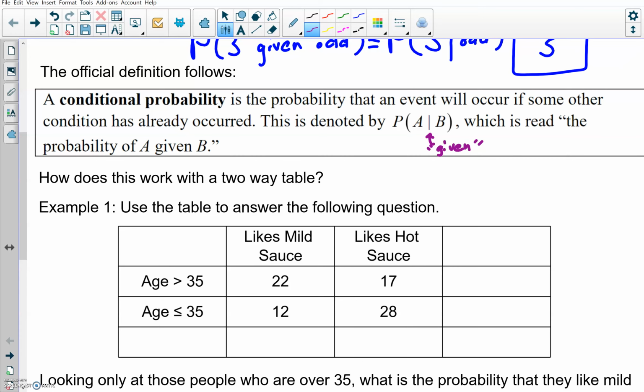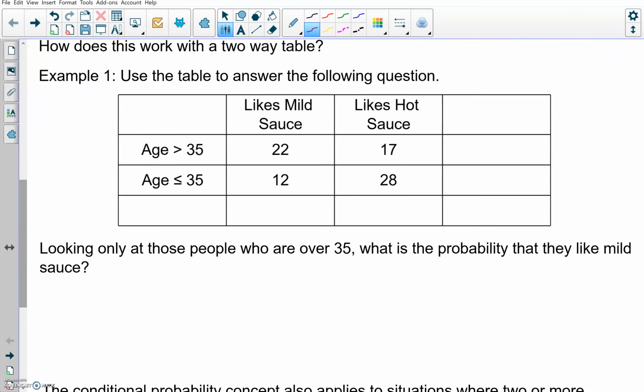So how does this work with a two-way table? You might see some of these in the homework, hint, hint. And I'm just going to fill in the totals here for the rows and the columns and the overall total. Not that we'll need these things necessarily, but just get them in there. And if we're looking only at people who are over 35, what is the probability that they like mild sauce?